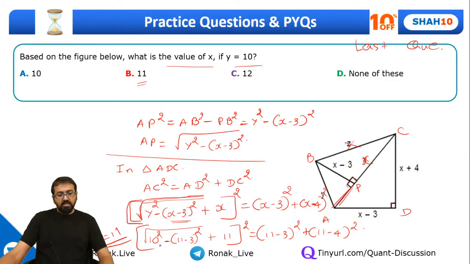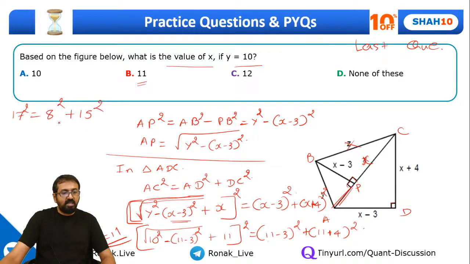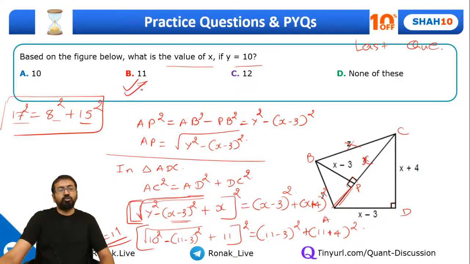So this is 100 minus 8 square, that is 100 minus 64, that is 36. Square root of 36 is 6. 6 plus 11, 17. So I got the left hand side as 17 square, which is equal to the right hand side: 11 minus 3, it's 8 square, plus 11 plus 4, it's 15 square. Yes, 8, 15, 17 is a Pythagorean triplet that satisfies. So x has to be 11.